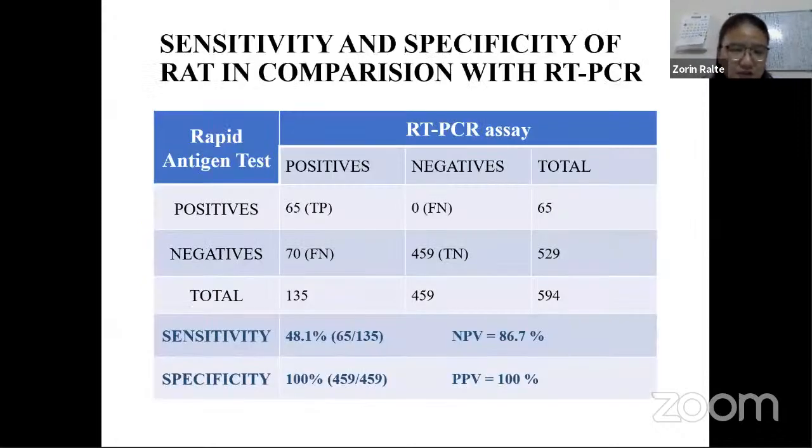Now, if we see the results of both the rapid and RT-PCR assay, the sensitivity of this rapid test comes out to about 48.1% with 100% specificity, and also showing a negative predictive value of 86.7% and a positive predictive value of 100%.